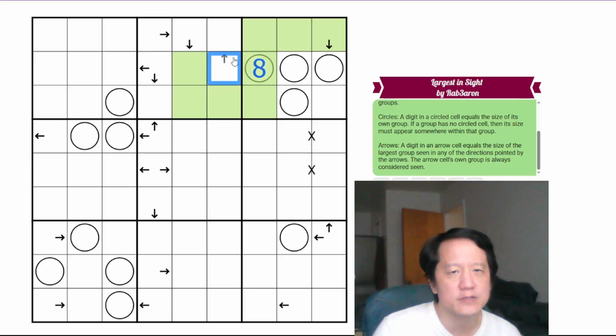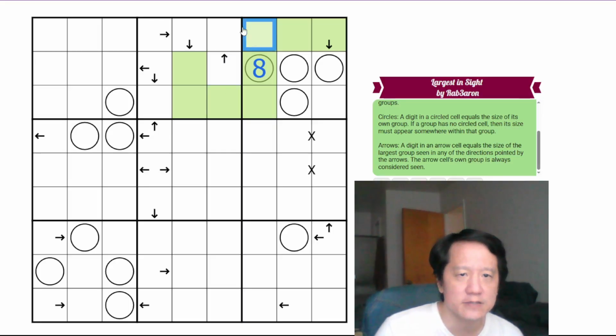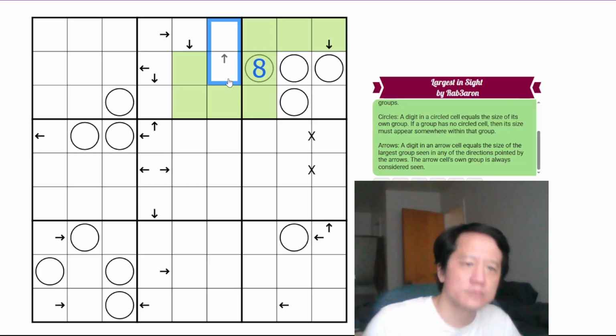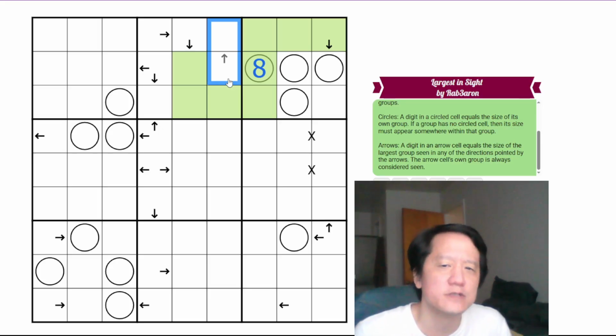So that means the digit in this arrow cell equals the size of the largest group seen in any of the directions pointed by the arrow. And the arrow cell's own group is always considered seen.